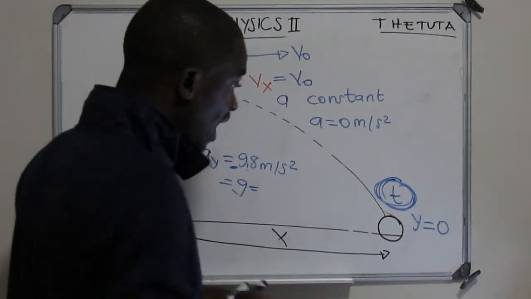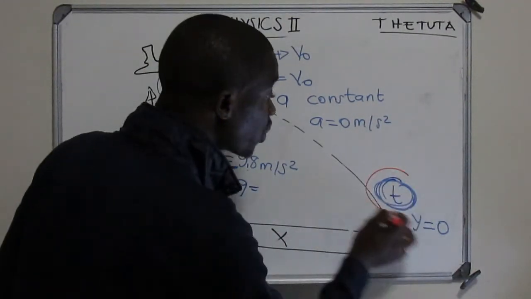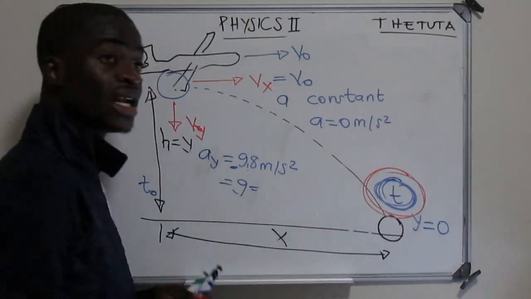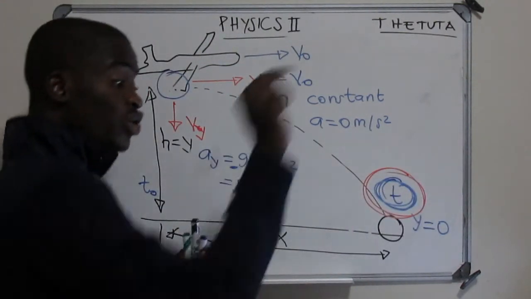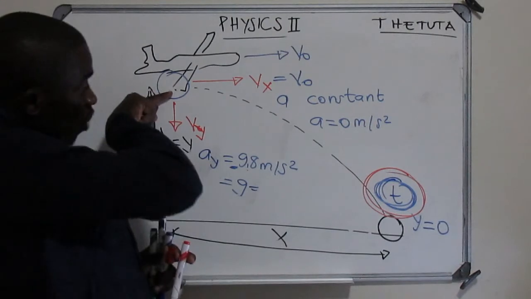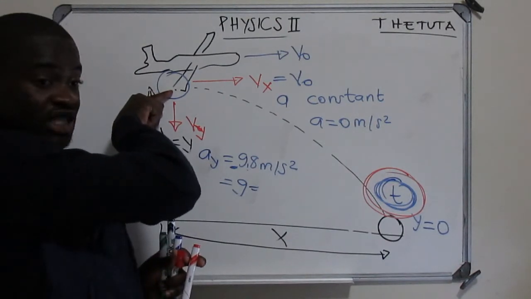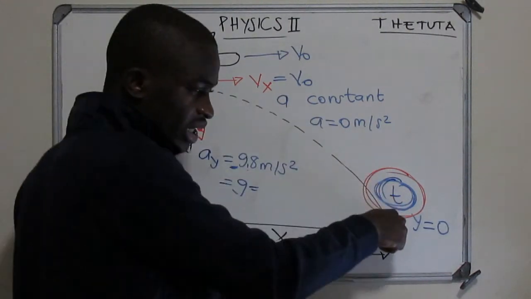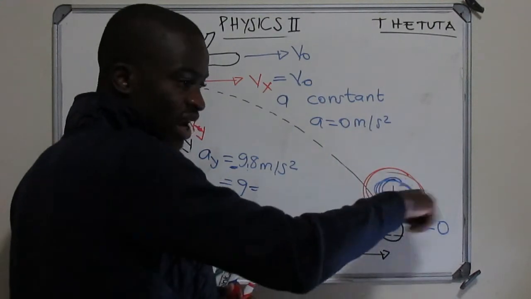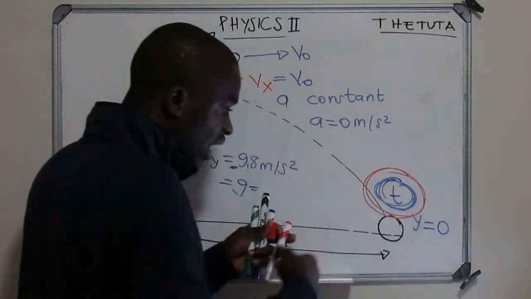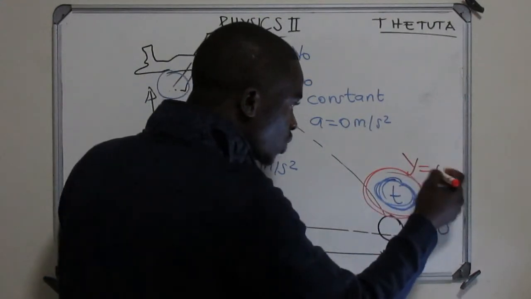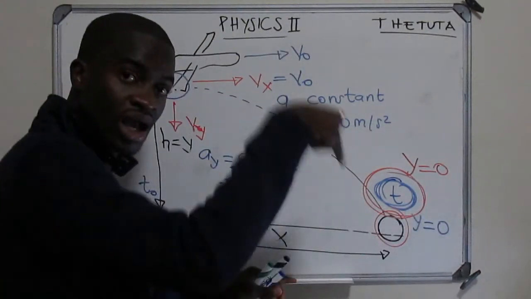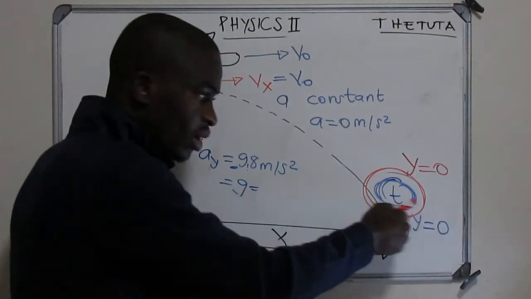So if they ask you to calculate the projectile time, they are basically asking you to calculate the final time when you drop that specific package until it reaches down. And then at the final time, your y is always going to be equal to 0, because there is no height anymore. It's down. y is equal to 0.